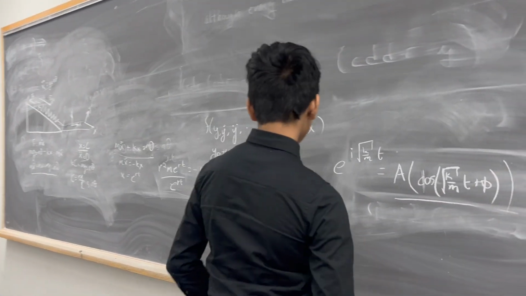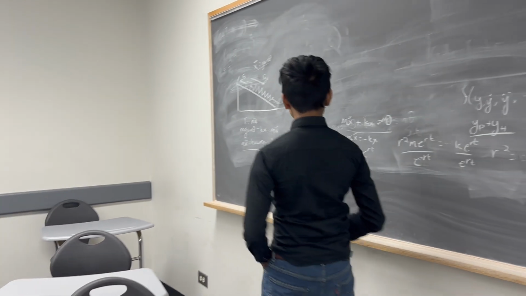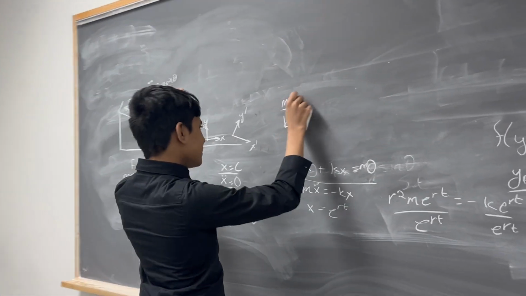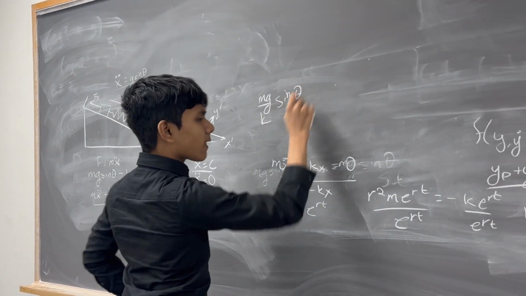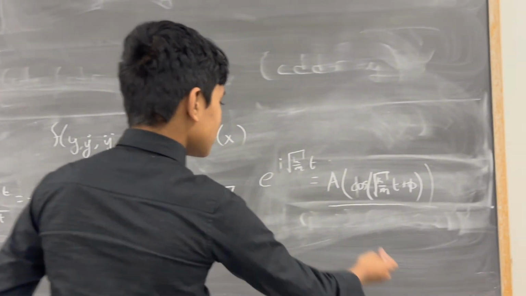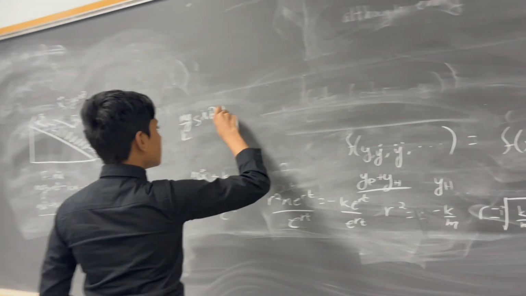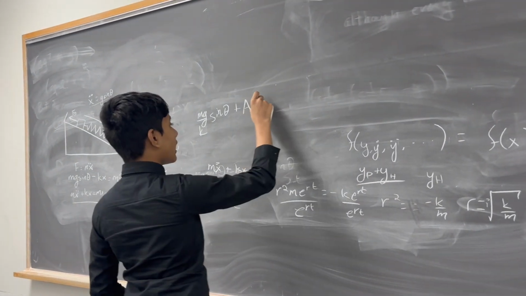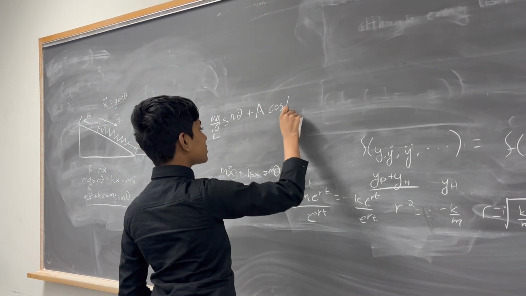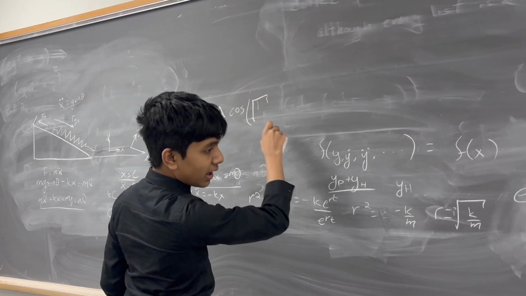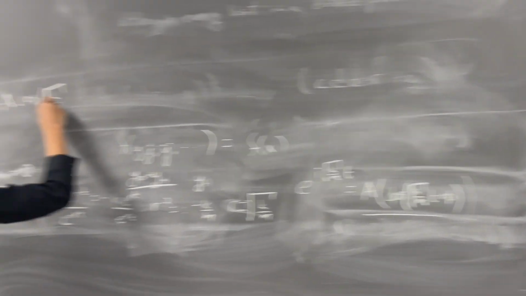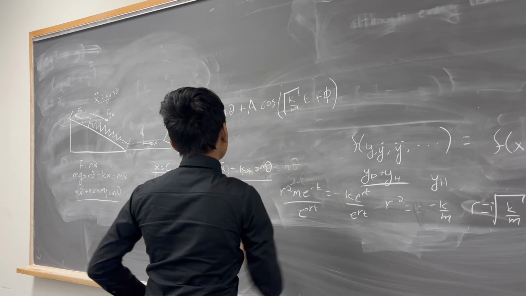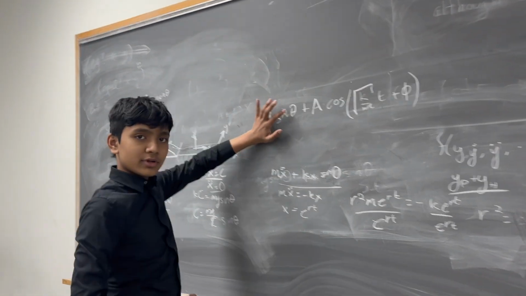So this is our homogeneous solution, which means our total solution is mg over k sine theta plus A multiplied by cosine of the square root of k over m t plus phi. Now, this is a constant. You can forget about it.